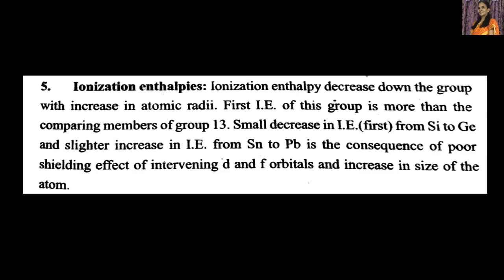As we move down the group, ionization energy decreases, but from silicon to germanium the decrease is small, and from tin to lead there is a slight increase in ionization energy. This is due to the poor shielding effect of the d and f orbitals present between the nucleus and the outer shell.